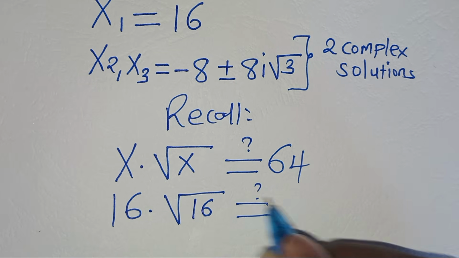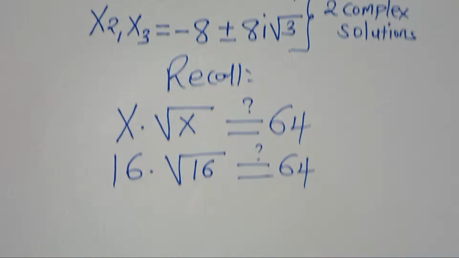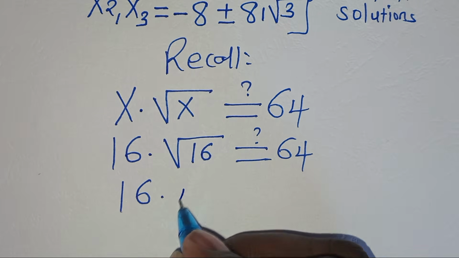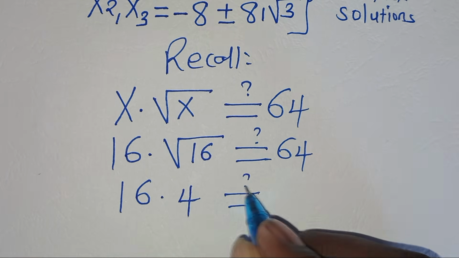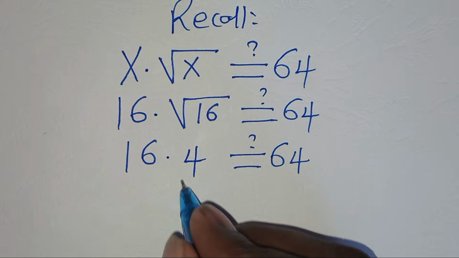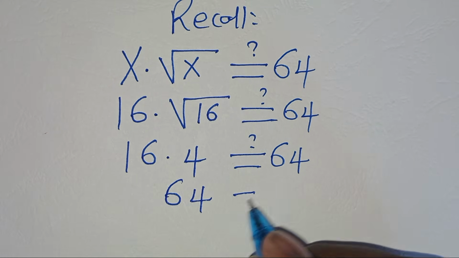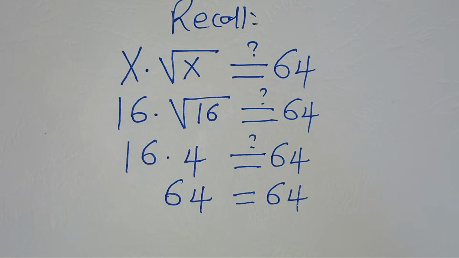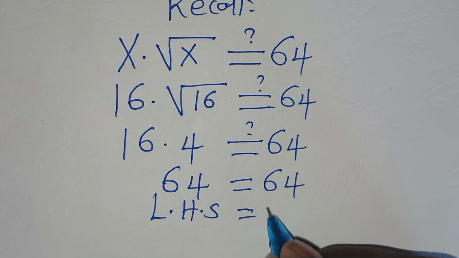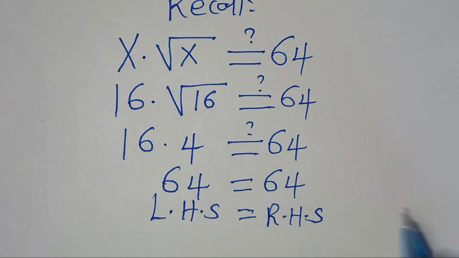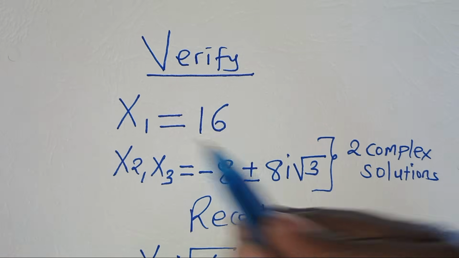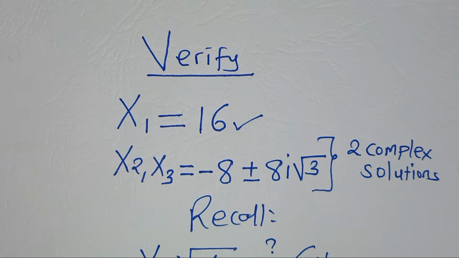The square root of 16 is 4. 16 times 4 is equal to 64, which is equal to 64. So this is to mean that the left hand side is equal to the right hand side, and this affirms that the value of x1, which is the real solution here, satisfies the equation.